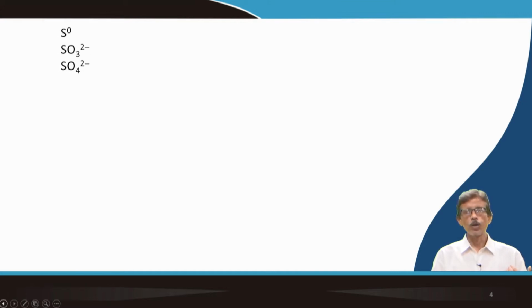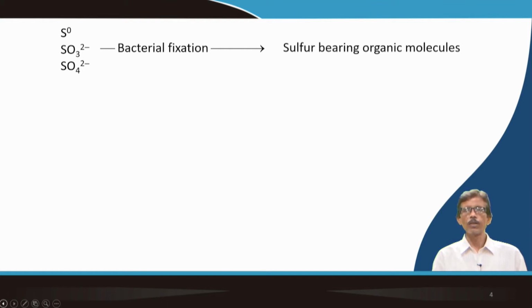If we start from the reduced form, the S0 form, and the other oxidized forms, sulfite and sulfate, what can we have? Bacteria are smart enough to carry out these chemical reactions, and can also come into play giving rise to the fixation of sulfur.